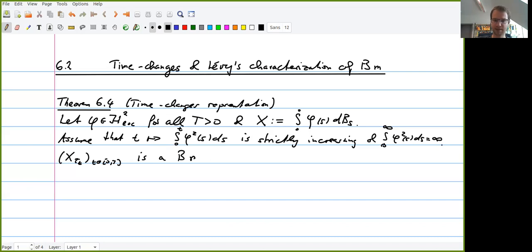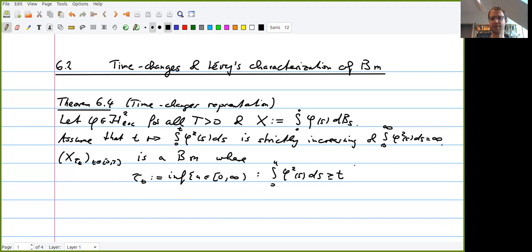And then I claim that this is a Brownian motion, where our time change is given by the infimum of all u in the interval 0 to infinity of the first time that the quadratic variation gets bigger or equal to the level t. So this is a stopping time, which depends on t for all t.